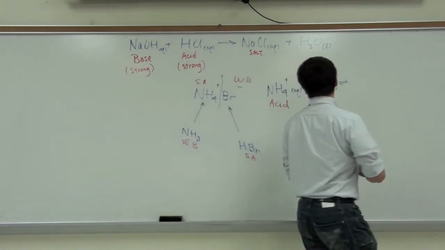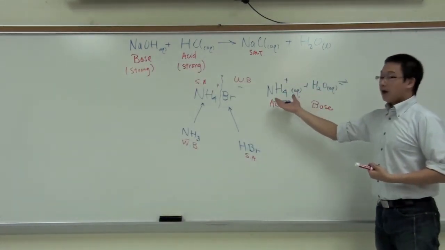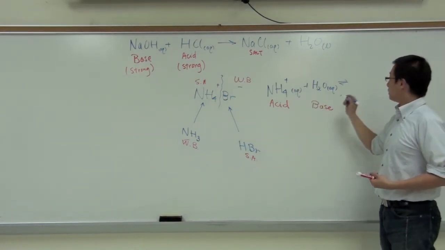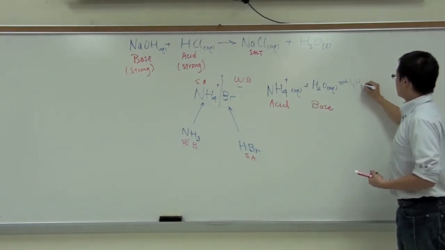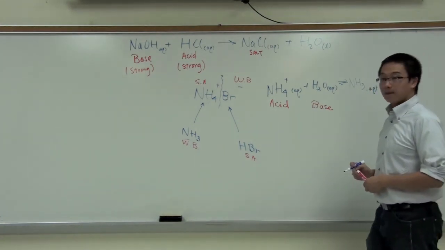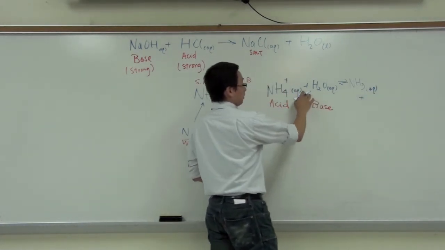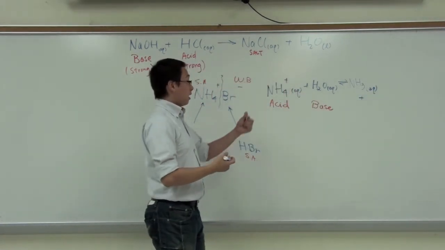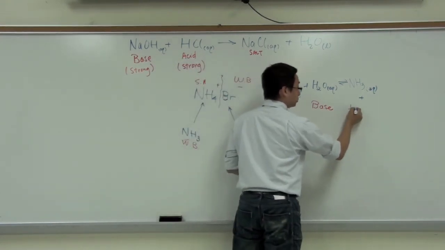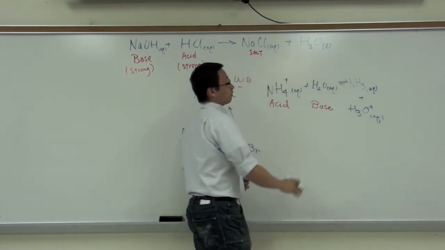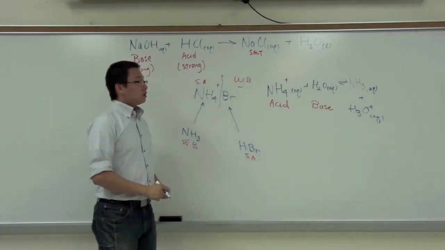And then what are the products? If NH4+ gives away the proton, it becomes NH3. And after the water takes a proton, it becomes H3O+. I'm running out of room, so I'm going to put it there.